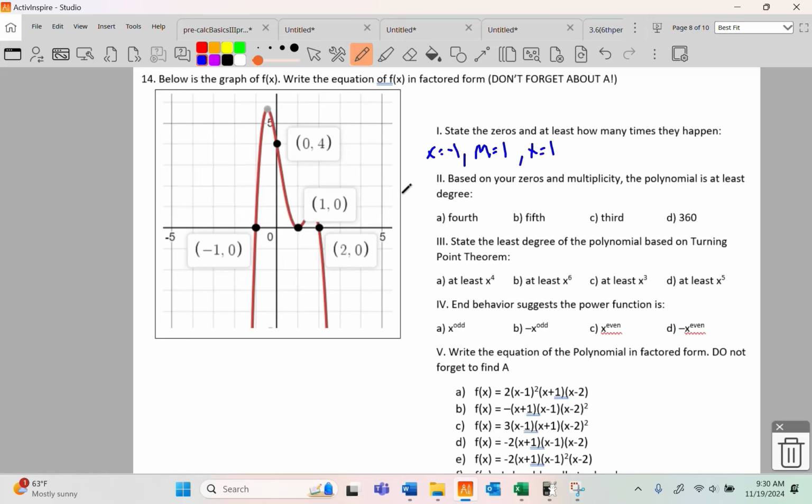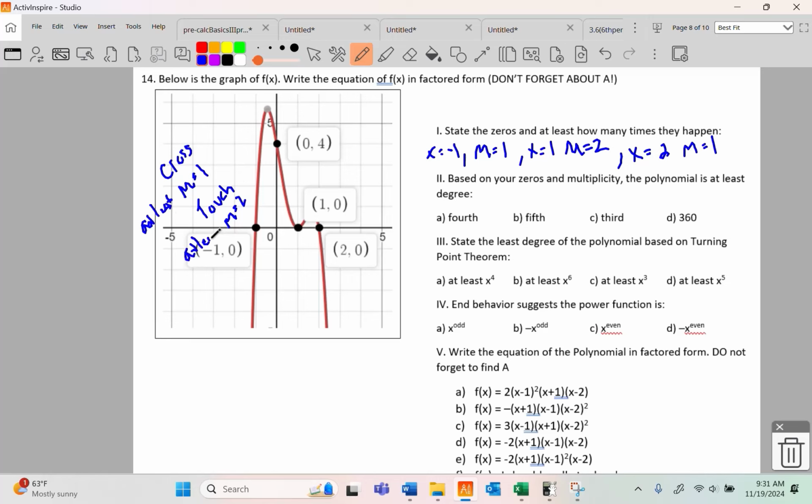It's a touch. Its multiplicity is a 2 because touches happen twice or more. 2, 4, 6, 8, they're evens. And you have a 0 at x equals 2, and its multiplicity is a 1 because it's a crossing. So remember, cross, m equals 1, touch, m equals 2, and I should say at least.